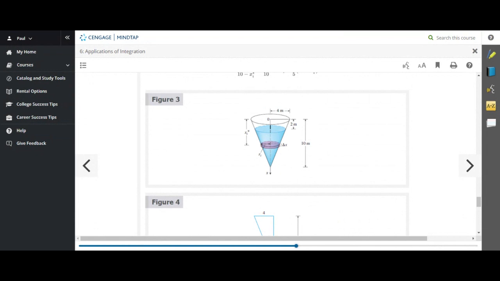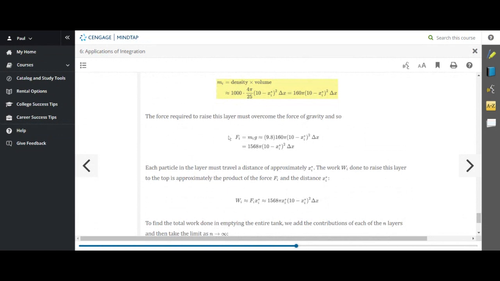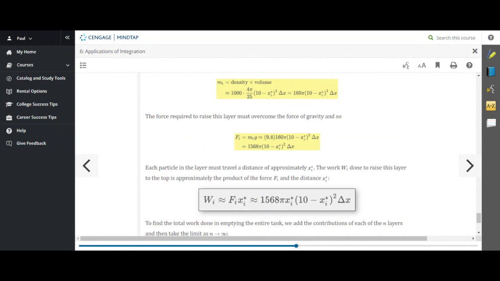So therefore, the work to raise the ith layer of water to the top of the tank is equal to force times distance: the force of the ith layer times the distance the ith layer is from the top of the tank. And that's going to get us 1568 times pi times xi times the quantity 10 minus xi squared times delta x.